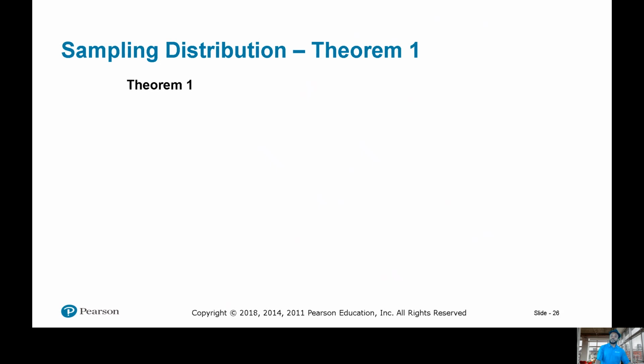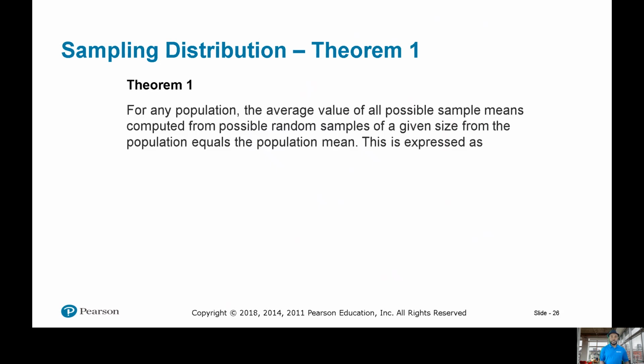Okay, so let's look at the different theorems. The first theorem here is that for any population, the average value of all possible sample means computed from all possible random samples of a given size from the population equals the population mean.